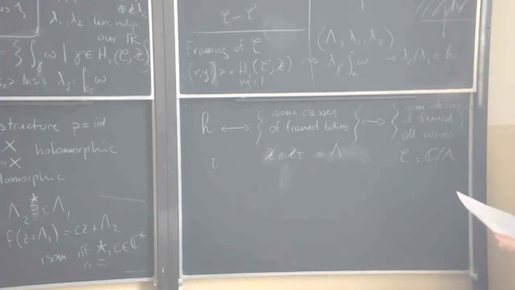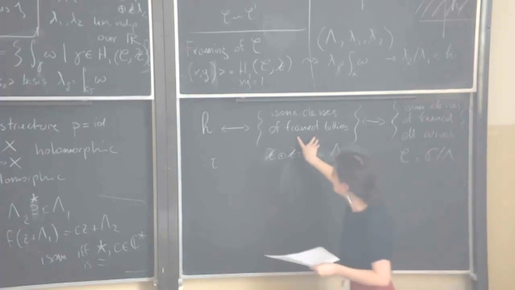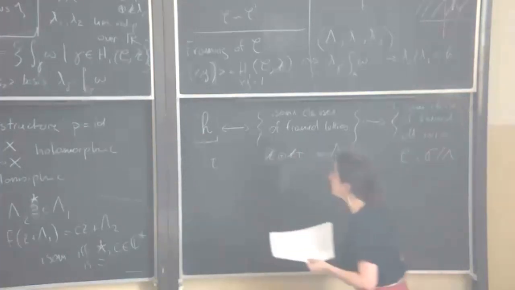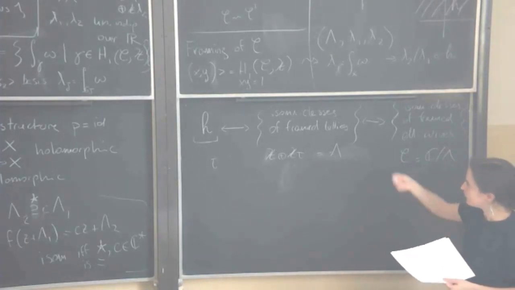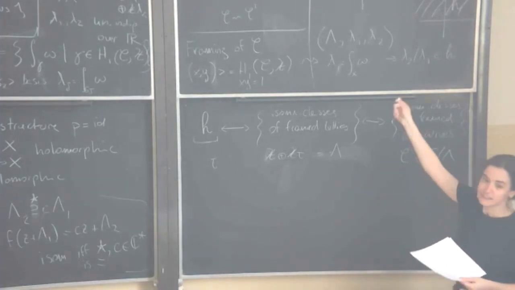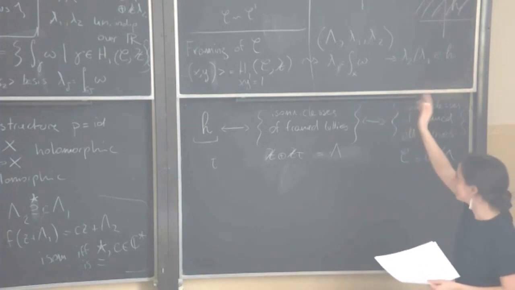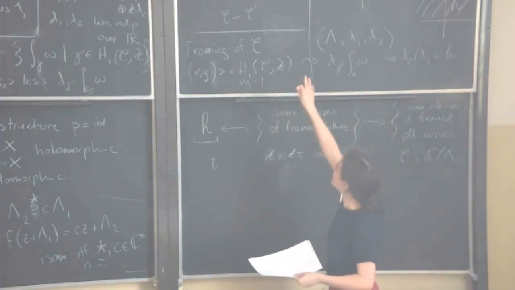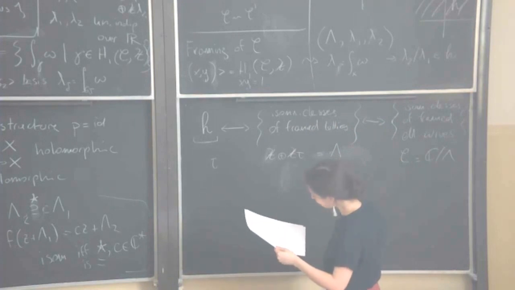Okay. So as a set, our moduli space of framed elliptic curves is H. But we will see that we can put more structure on H to take into account the deformations, which I will be explaining better in a few moments.